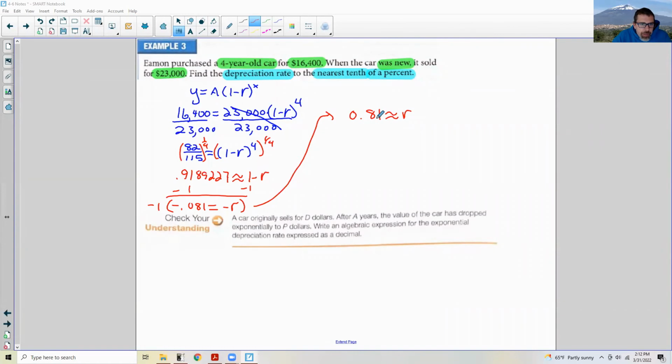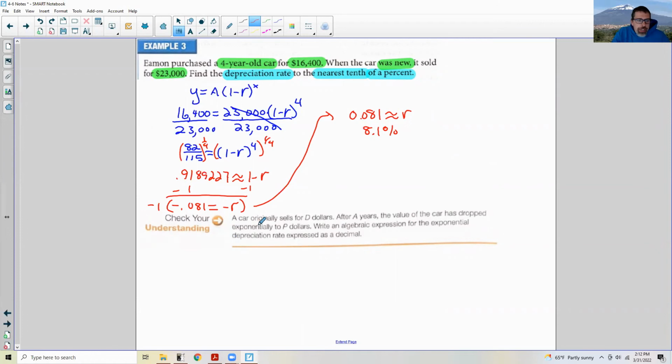I hesitated there because that didn't make sense. That's 81%, but it's 0.081. I forgot my 0 here. 0.081 or 8.1%. Okay, so it's depreciating at a rate of 8.1% annually.